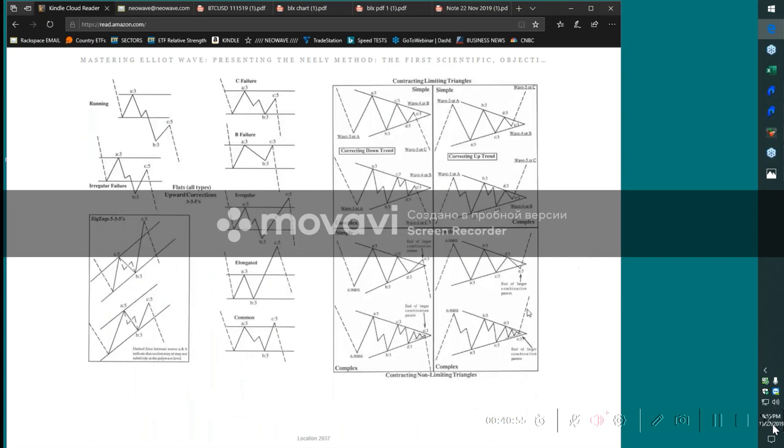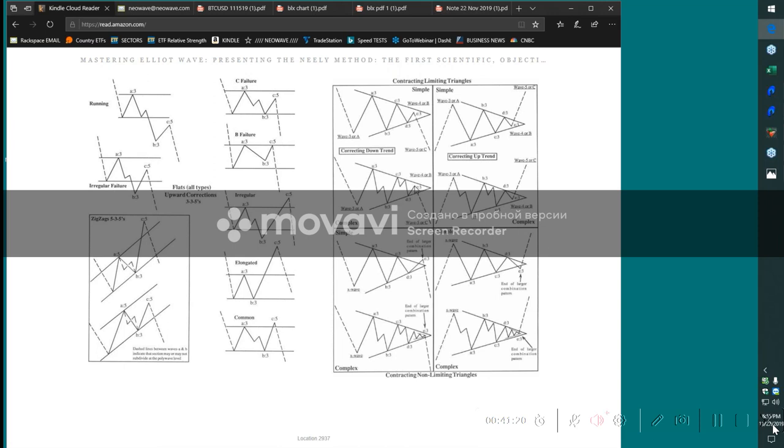Okay, so here's some examples of flat. Let me get to the triangle page first. So here's an example of a non-limiting kind of triangle. This bottom section is for non-limiting triangles, and they're very likely to go into the apex point, and you may even get a contracting triangle for wave E that goes very close to the apex point. And then when it thrusts, this won't be the end of the future trend, it'll just be wave A of another bigger ABC.